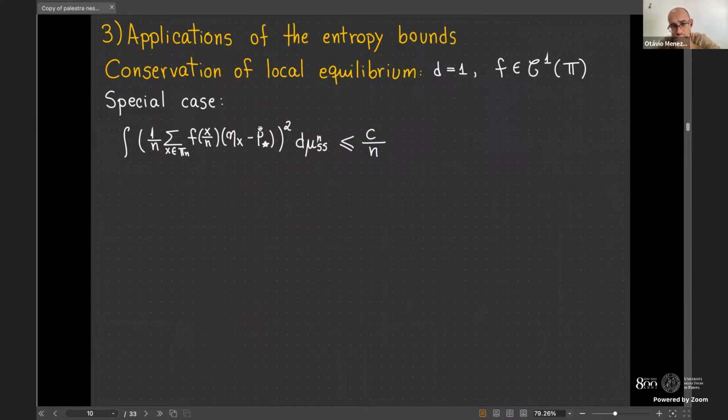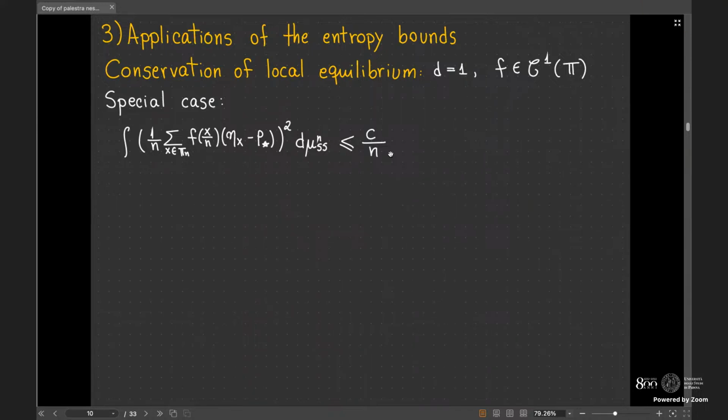This is the density they would have in the law of large numbers, and we try to see if this concentrates, if this is close to the measure. So test it against a smooth function, and compute the variance. The variance under the stationary measure goes to 0 with the size of the system, with an explicit convergence rate. Sorry, it is the square of the sum, not the sum of squares. It's the square of the sum.